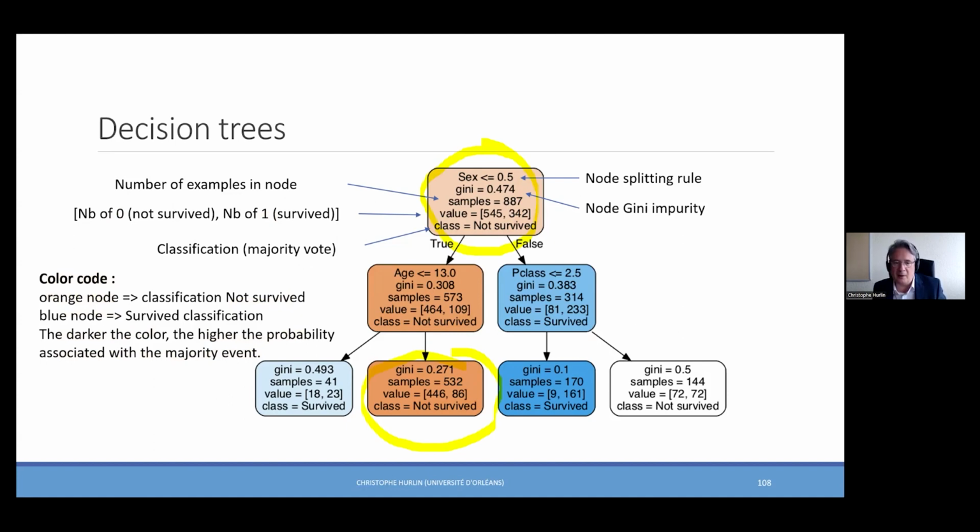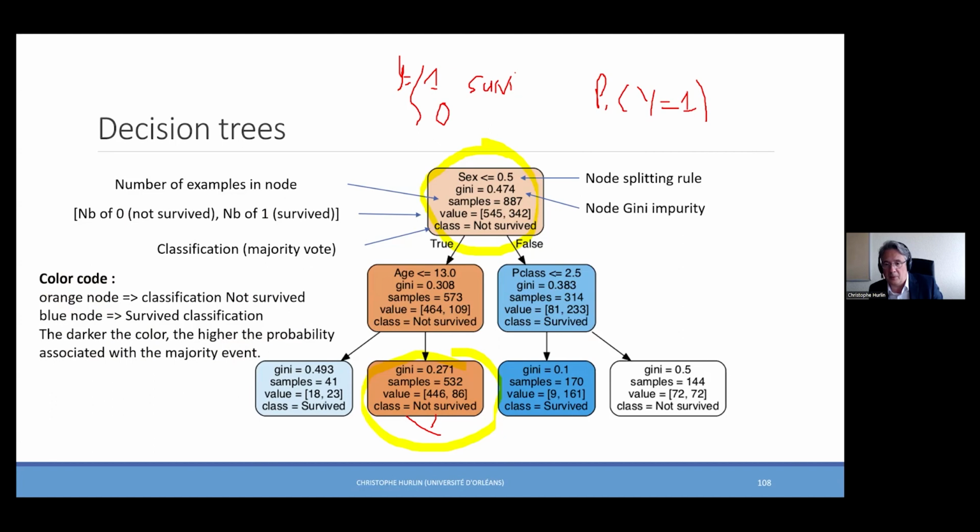What is the probability to survive? Let us imagine that y is equal to 1 if you survived and 0 otherwise. What is the probability here to survive or to not survive, given that you are here?